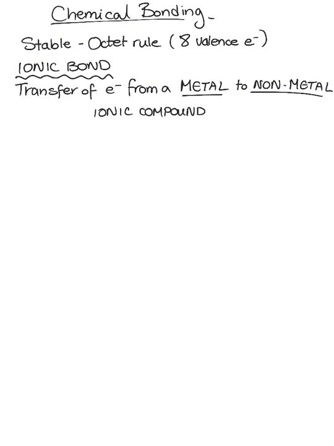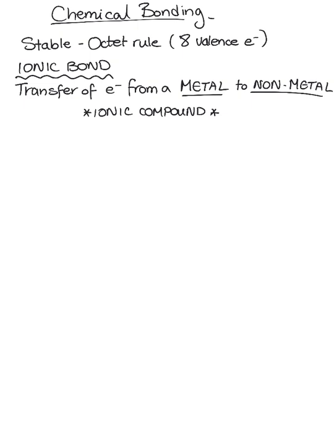And this ionic compound is held together with the ionic bond. It's what keeps the metal and the non-metal together. So an ionic compound is made of a metal and a non-metal. When a metal gives the non-metal electrons, it forms an ionic bond between the two elements.